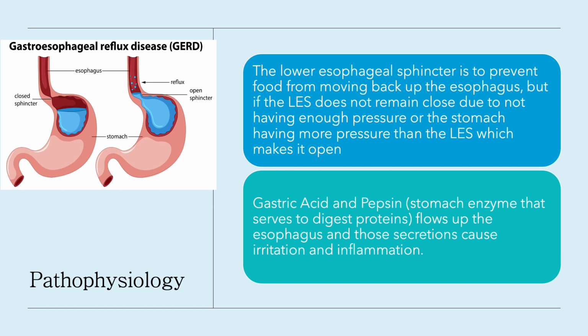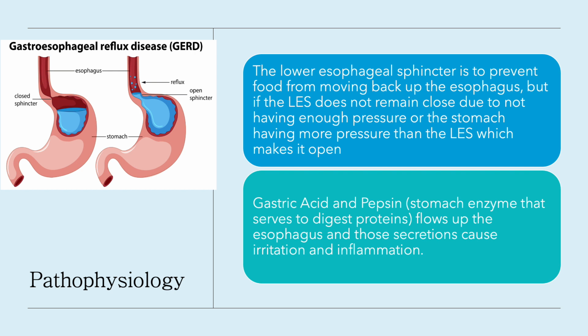All right, so let's talk about the patho behind GERD, because a lot of times we know what something is. We know what reflux is, but what does reflux actually do to the body? What is happening in the body that makes a patient have reflux?